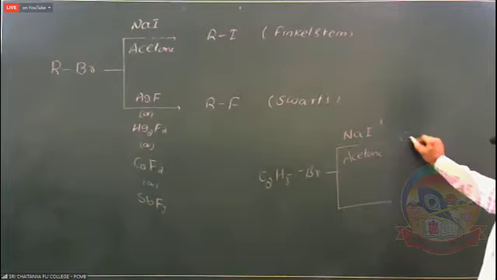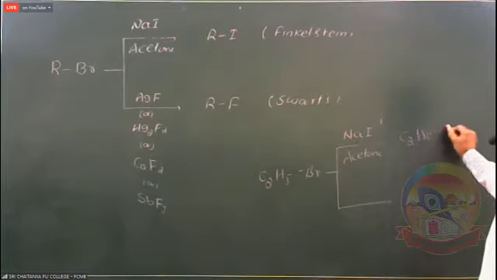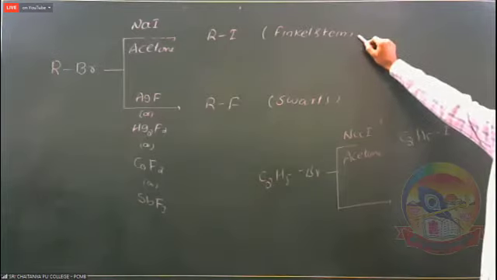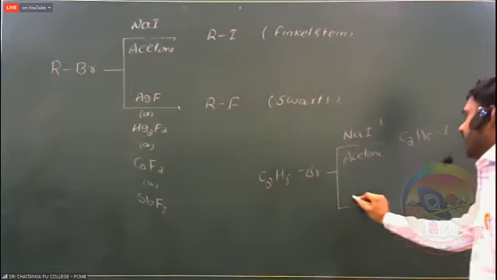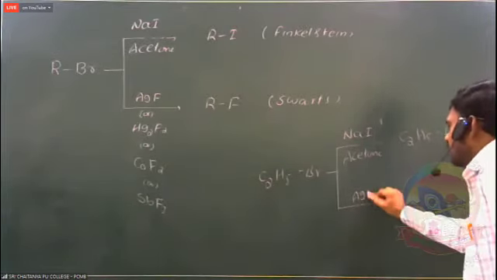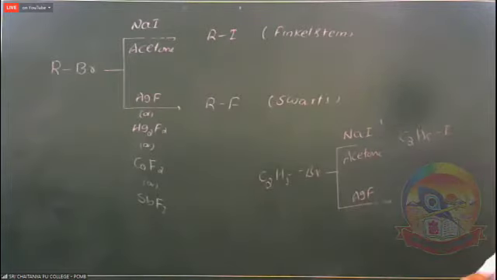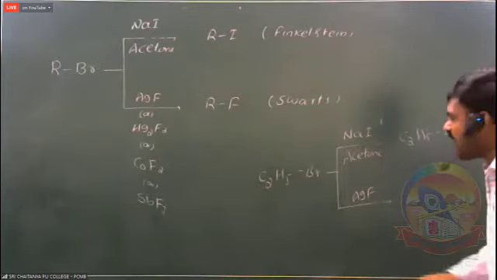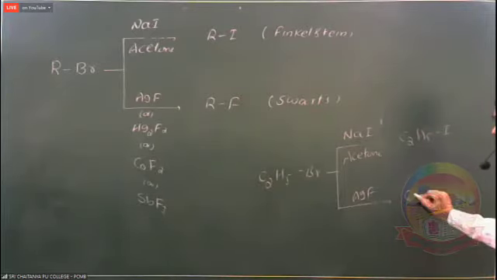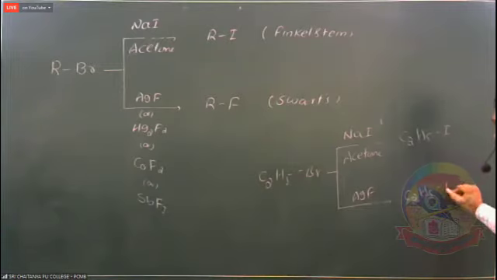So here ethyl bromide is converted into ethyl iodide. Name of the reaction, Finkelstein reaction. Next one, when it is treated with silver fluoride or mercurous fluoride or cobalt difluoride or antimony trifluoride, ethyl bromide is converted into ethyl fluoride, C2H5F.